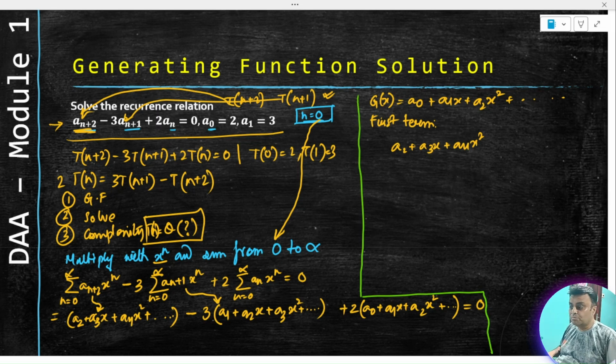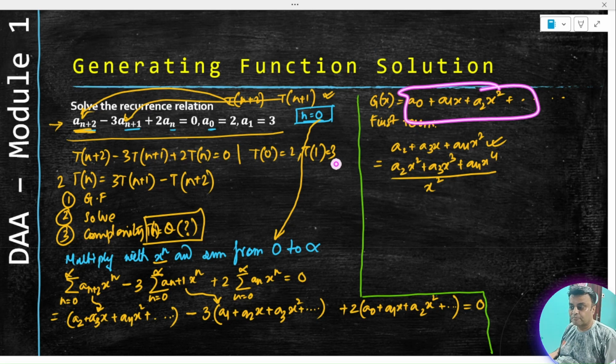In order to make this the same, this can be written as a2x square, a3x cube, a4x4, and I will also have to divide it by x square to keep the numerator and denominator the same. So x square will cancel out, and hence we will get back our original term. All I did is multiply the numerator and the denominator by x square. Why? Because I wanted it to come in this format.